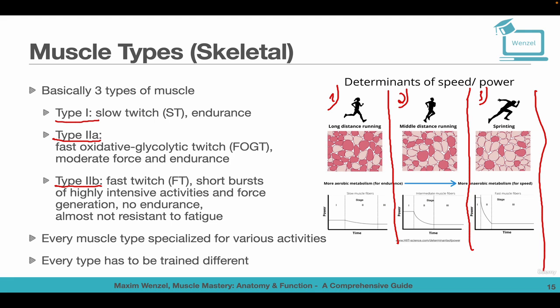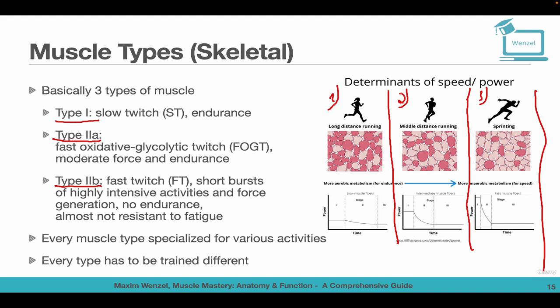The muscle has no endurance and is almost not resistant to fatigue. So, like Usain Bolt, when he's sprinting 100 meters, he is using his type 2B muscles. And we will see pictures of athletes and how these different muscles look.